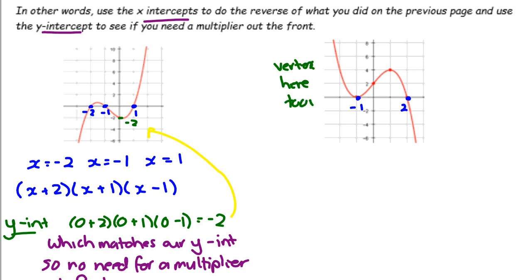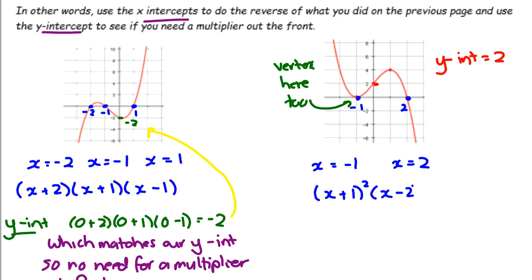Our y-intercept, as you can see, is just here at 2. So y-intercept equals 2. Let's write out our x-intercepts. X equals -1, x equals 2. Because there was a vertex at -1, that bracket, which would have been x plus 1, gets squared. The other bracket is x minus 2.